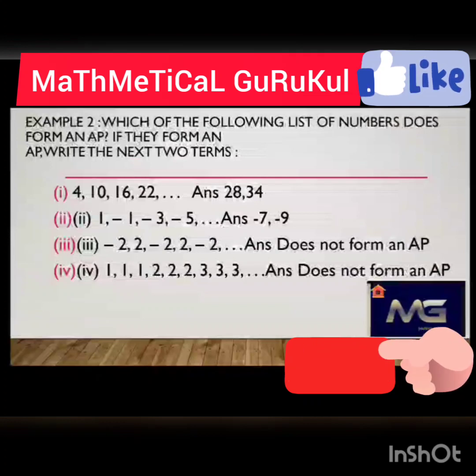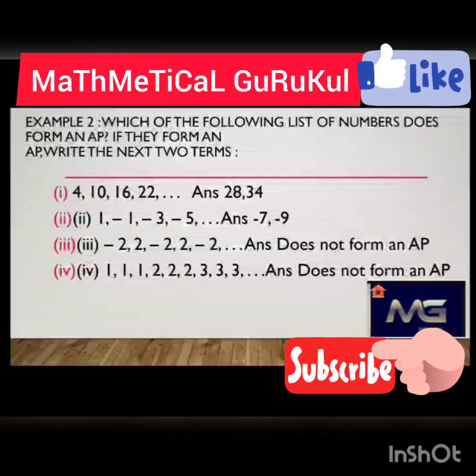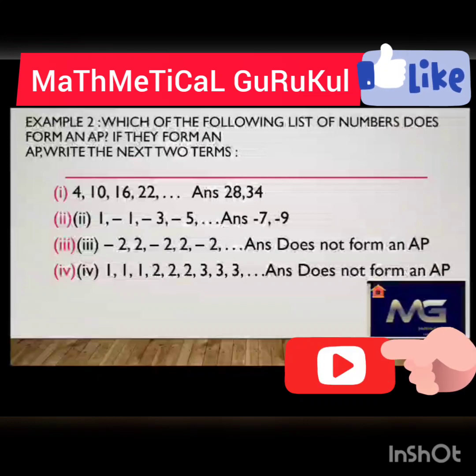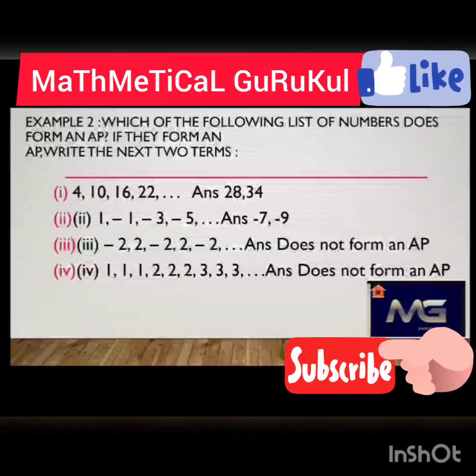Now what about list 3? In list 3, a1 equals minus 2, a2 equals 2, a3 equals minus 2, a4 equals 2 and a5 equals minus 2, dot dot dot. When I subtract a2 minus a1, 2 minus minus 2, it is 4.